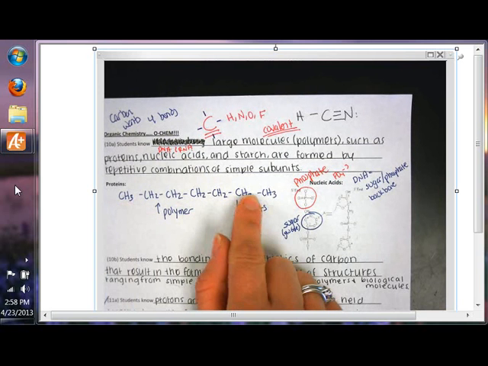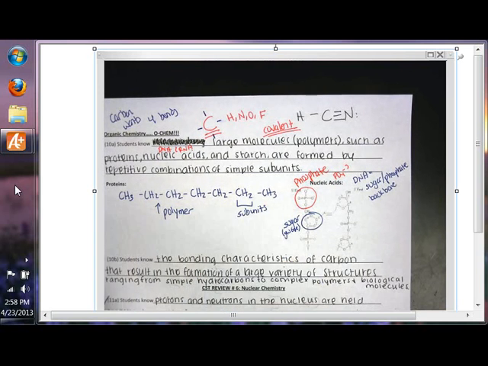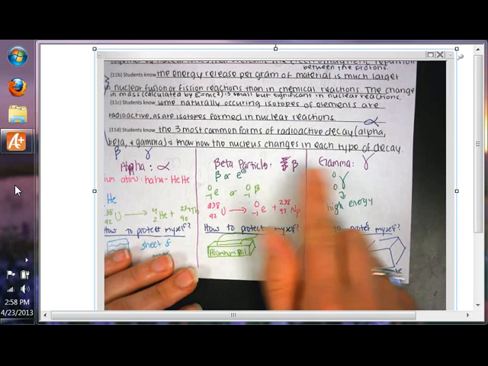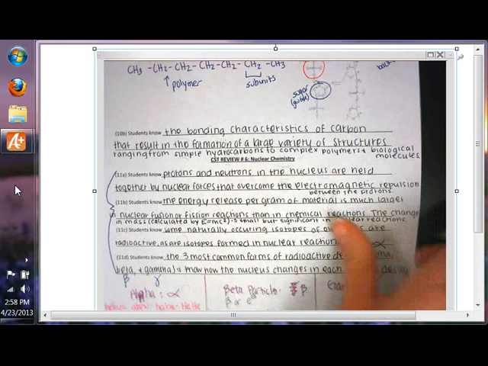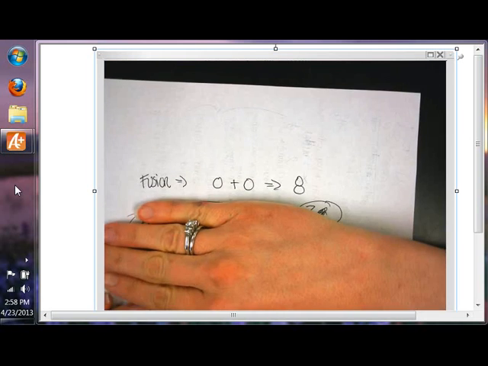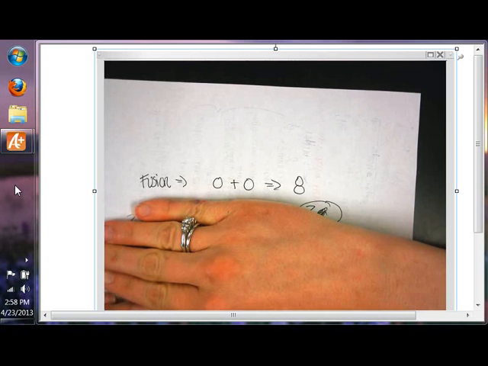Moving down below, we've got 3 types of particles, alpha, beta, and gamma. This has to do with nuclear chemistry. Most nuclear chemistry does not deal with fusion. Fusion is when 2 become 1.